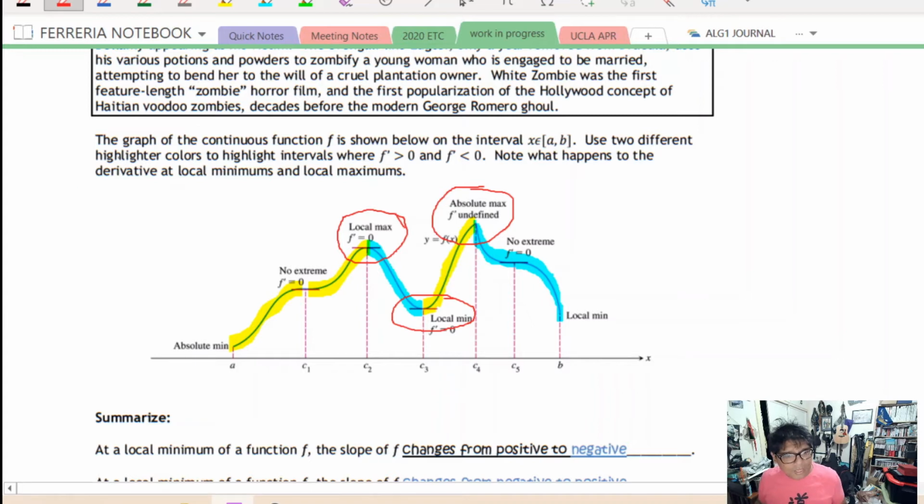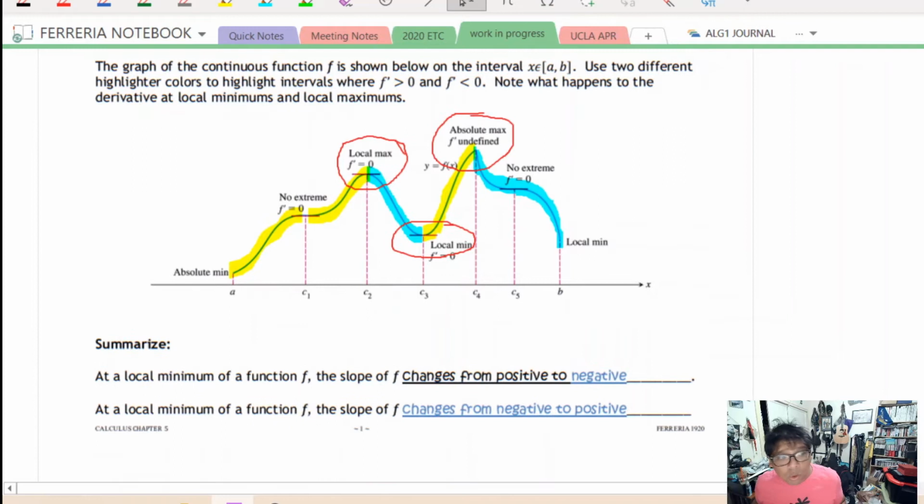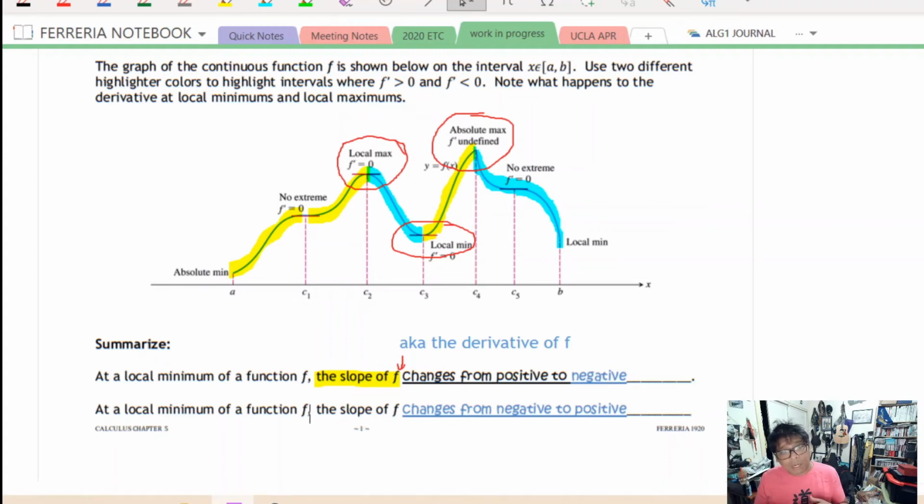So let's summarize that. At a local maximum of a function, the slope of f, which is the same thing as the derivative, changes from positive to negative. And then at a local or relative minimum, the derivative changes from negative to positive. So negative to positive is a minimum, positive to negative is a maximum.